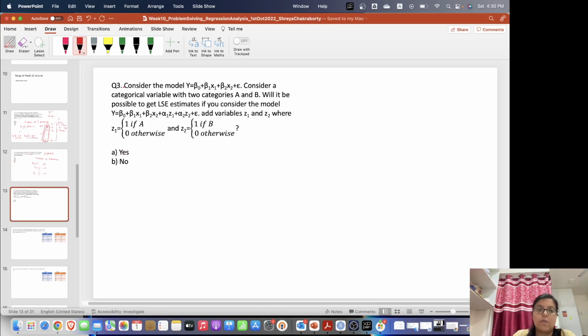And this one, let's move on to the next question. Consider the model. Here the first thing you will note is that y equal to beta naught plus beta 1 x1 plus beta 2 x2 plus epsilon. And we have a categorical variable with 2 categories.